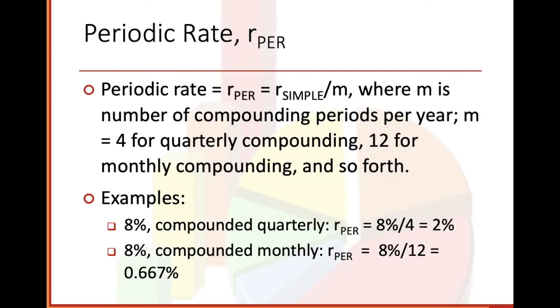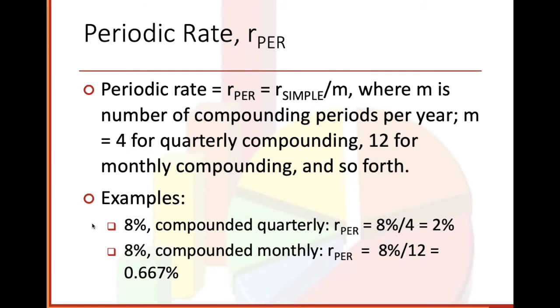Periodic rate, R period, equals R simple divided by M, where M is the number of compounding periods per year. M equals 4 for quarterly compounding, 12 for monthly compounding, and so forth.